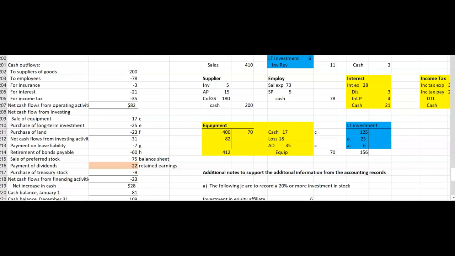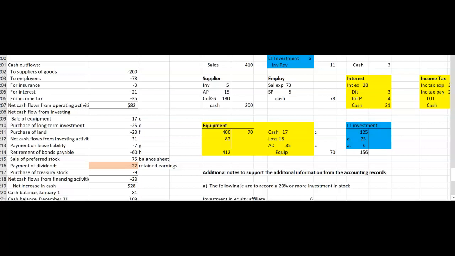Now, I'm going to skip investments for now, and we'll come back to that. But I do want to go to the purchase of land. I would now like to go over the purchase of land, and to do so, refer to F, please, for additional information.